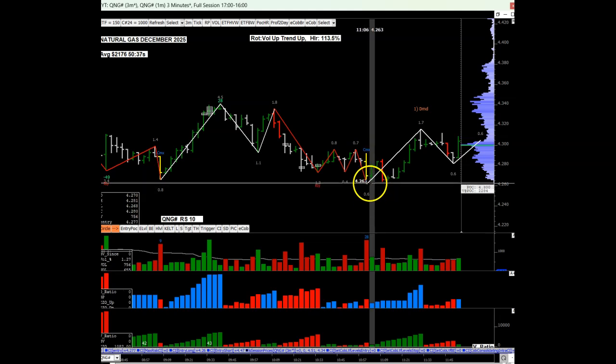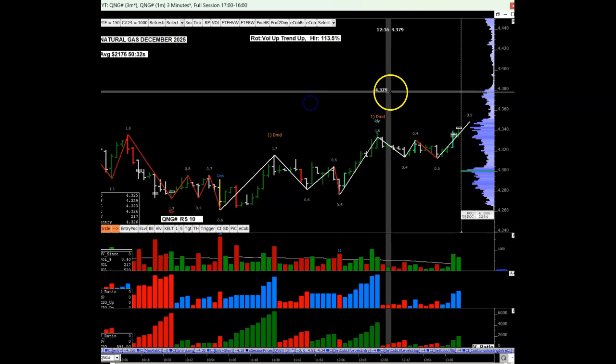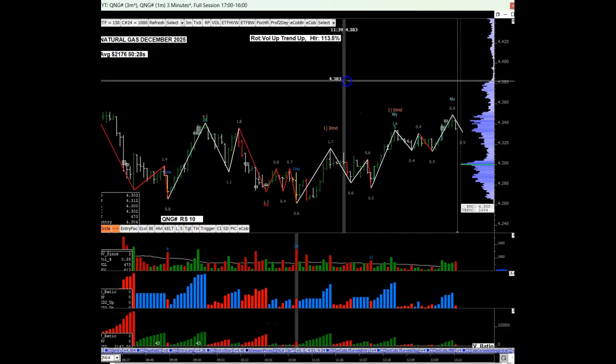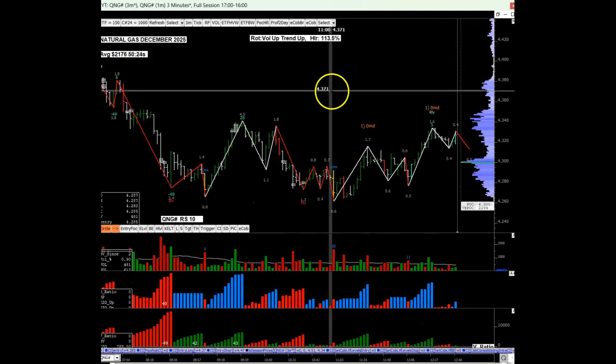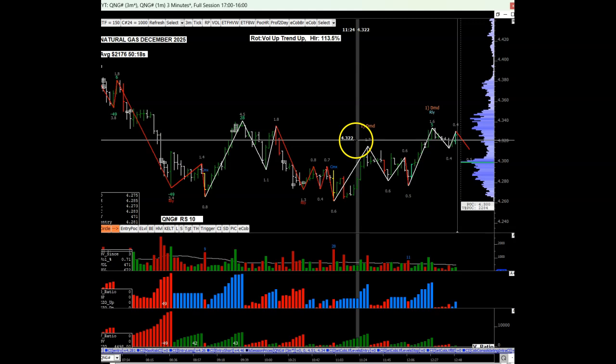A shakeout occurred, and then went up. Just keep on going. See, keep on going. All right, so that was the trade in nat gas.